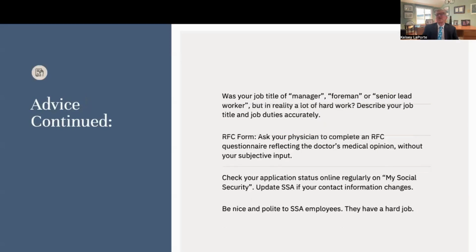Now, as we've noted, disability with Social Security does not call for just a medical evaluation, but most commonly is an occupational or vocational issue.